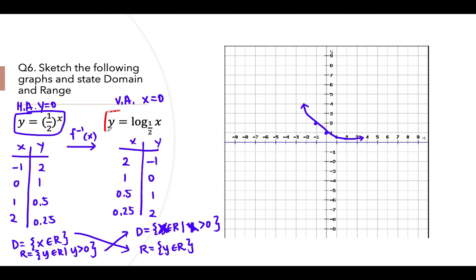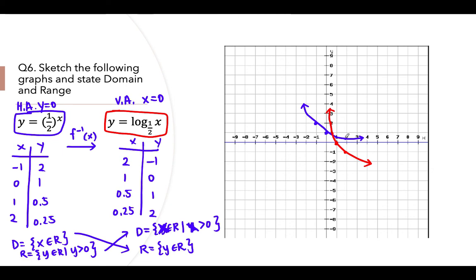Let me draw the logarithmic in the red color pen. So 2, negative 1, 1, 0, 0.5, 1, 2. Okay, so as you can see, it looks something like this.